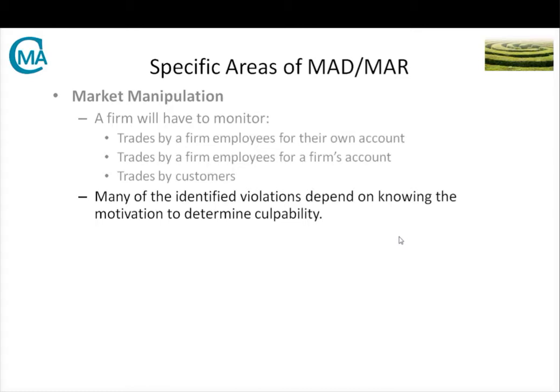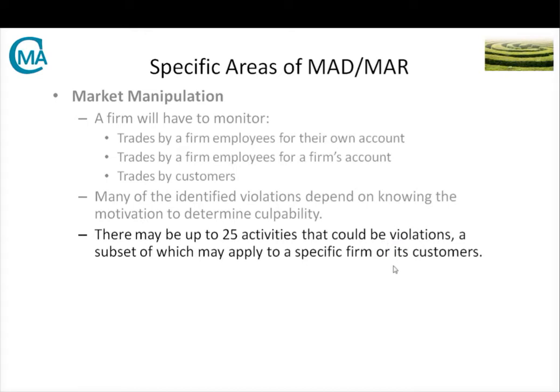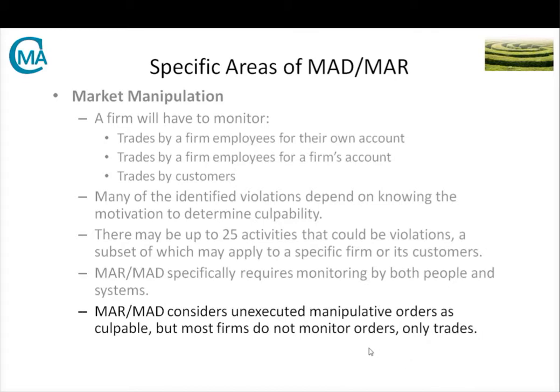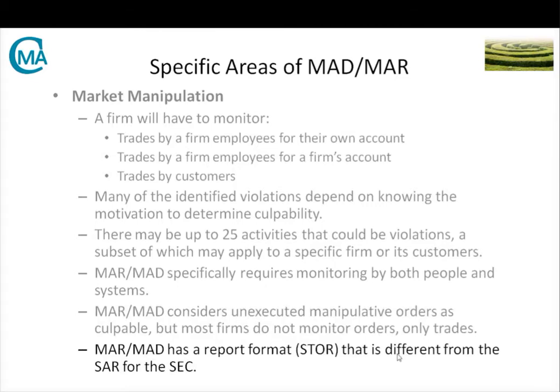The problem is you have to know the motivation, and it's very likely that you could go 20 years with a very good system and never see anything, partly because no one ever did anything, or partly because they were able to successfully hide it. Once again, this is different from lots of other jurisdictions where orders are culpable, not just trades.